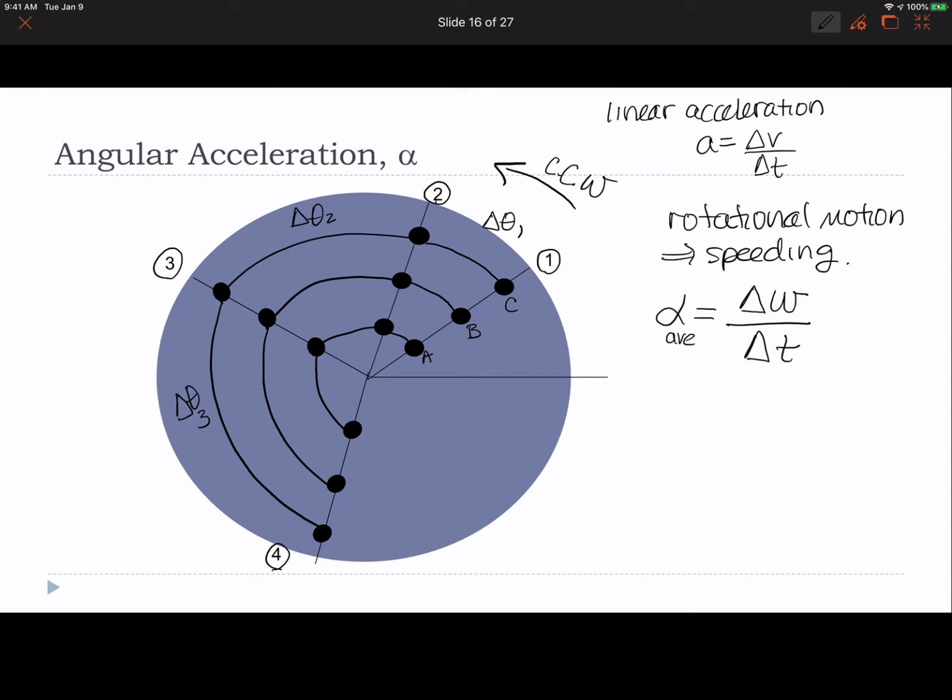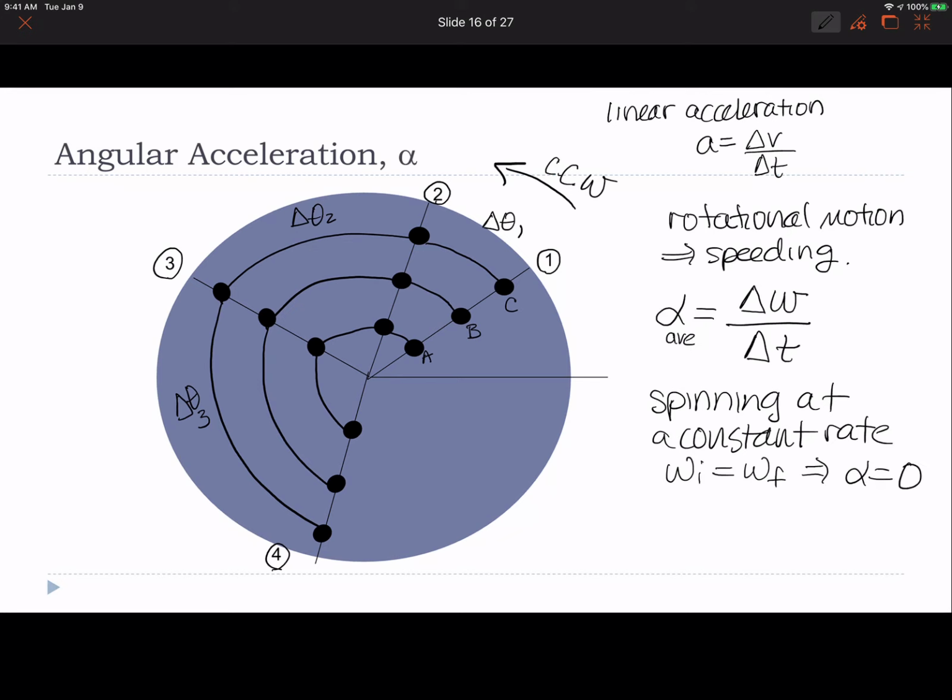If it's spinning at a constant rate, then that means that the angular velocity it has to start with is the same as it has afterwards, and this would imply the angular acceleration is 0. That's similar to an object moving across a straight, flat surface. If it's moving at a constant speed in linear motion, then it's going to have 0 acceleration as well.